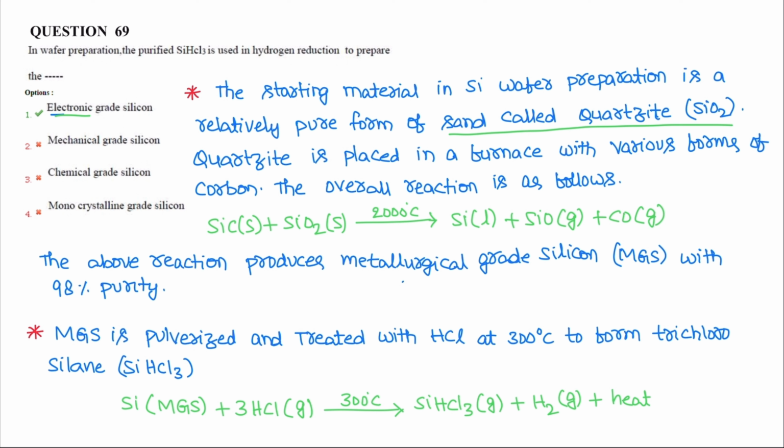kept in a furnace heated at a temperature of 2000 degrees centigrade. It results in silicon liquid, SiO gas, and carbon monoxide, which are gases. This above reaction produces metallurgical grade silicon. In first step, we will obtain metallurgical grade silicon, MGS, which is 98% purity.